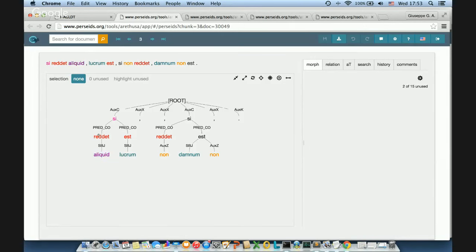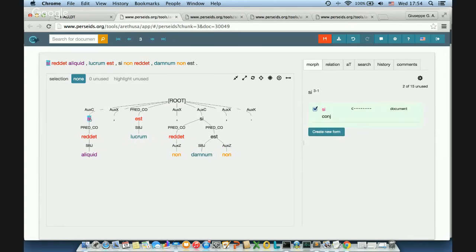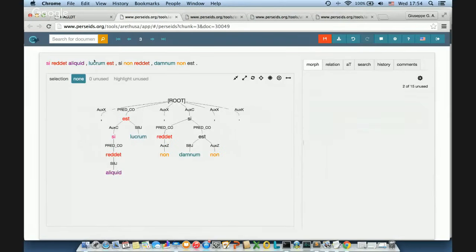Here if we for a second focus only on this branch, here there is of course a problem, as you can see, because C is related to, so this is a conditional clause, but the C cannot really be governing, I would say that it is the other way around, because again we have here a coordination in asyndeton, right?